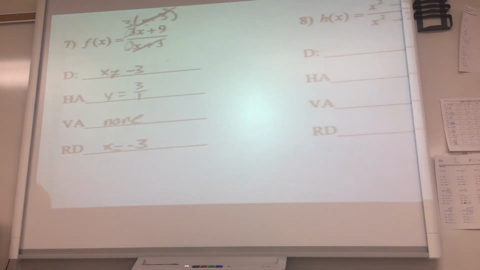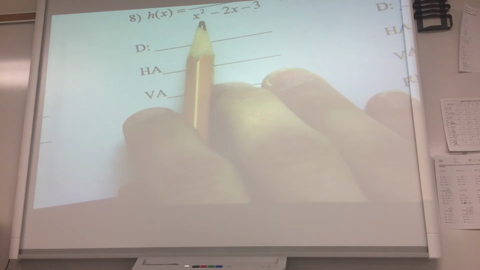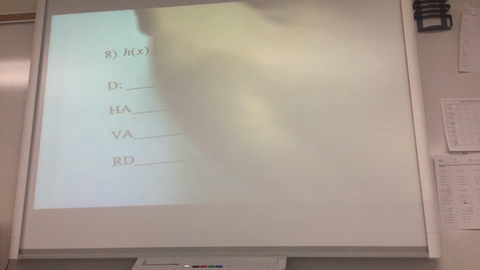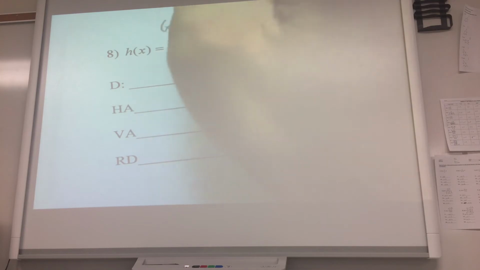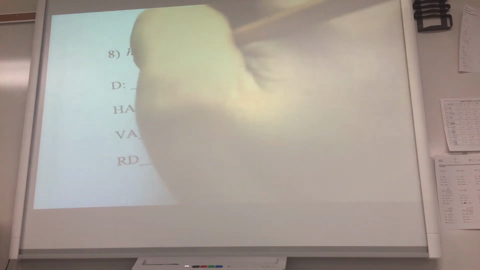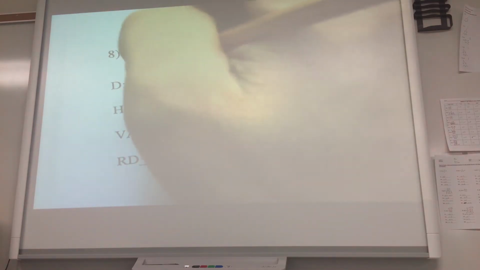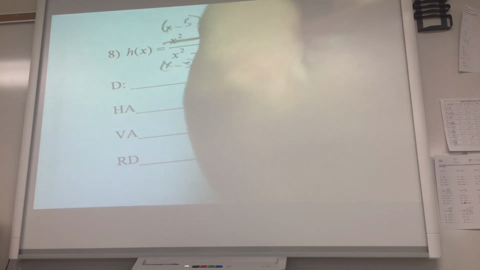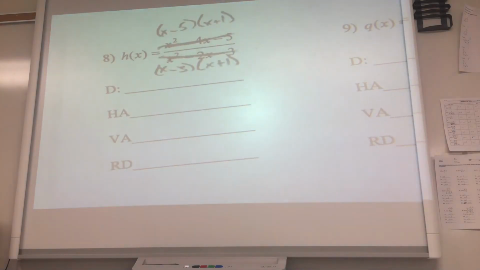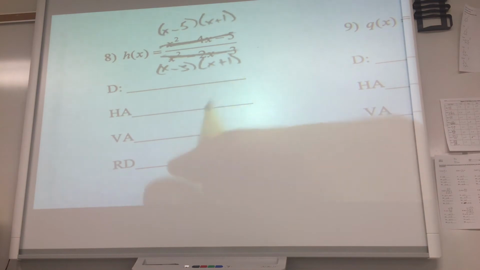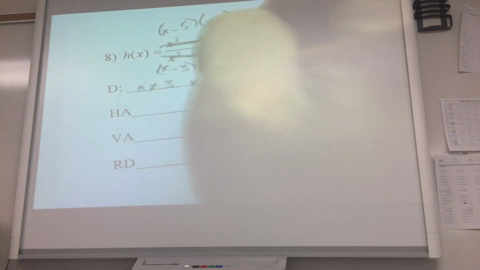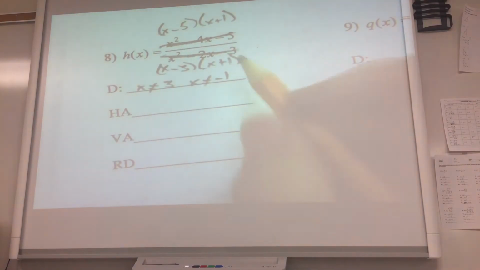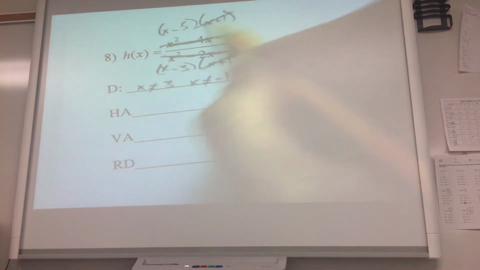3 over 1. Okay, this one, factor everything. So I've got x minus 5 times x plus 1. That's that factored on the bottom. x minus 3 times x plus 1. That's that factored. Okay, so the domain restrictions, x cannot equal 3, x cannot equal negative 1. Does anything cancel? Yes, the x plus 1 cancels with this x plus 1.